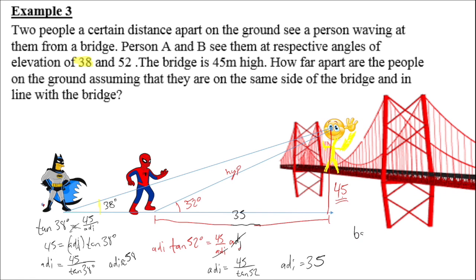So Batman is 58 meters from the bridge. Spider-Man is 35 meters from the bridge.